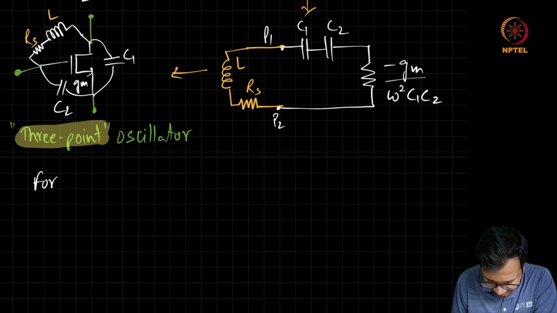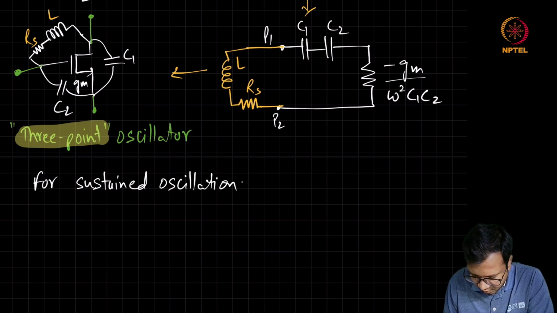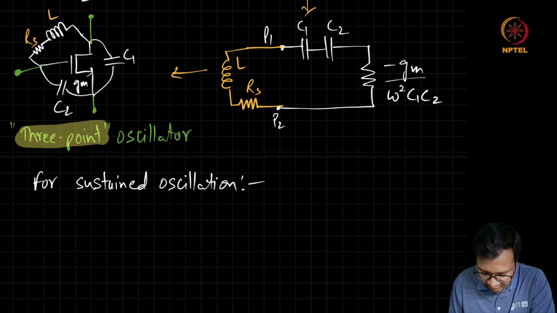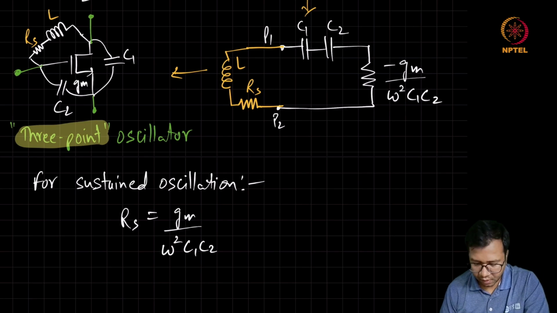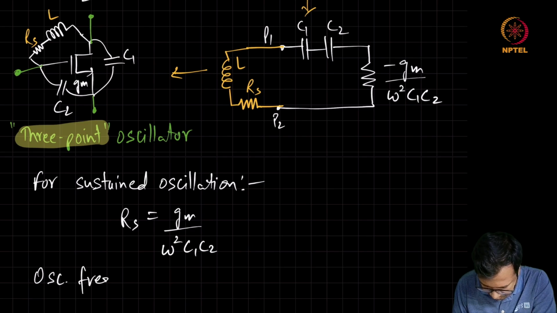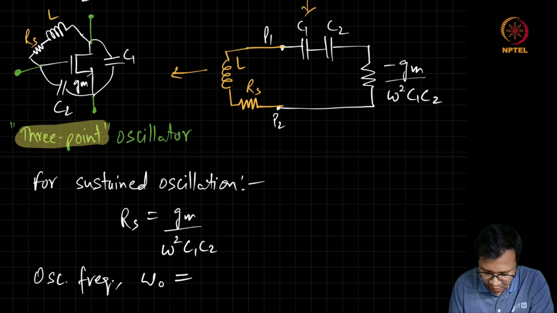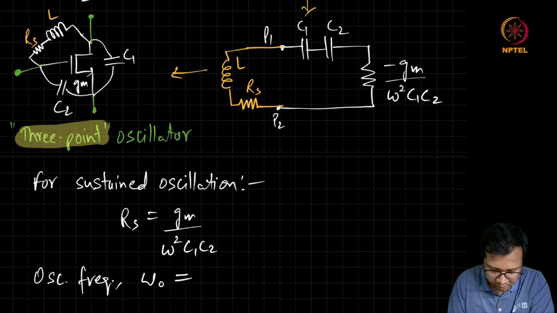First of all, for sustained oscillation, we want that in steady state this Rs be equal to Gm by omega square C1 C2, and under this condition the oscillation frequency is going to be omega naught equal to, as we can see, this inductor will just resonate with the series combination of C1 C2.